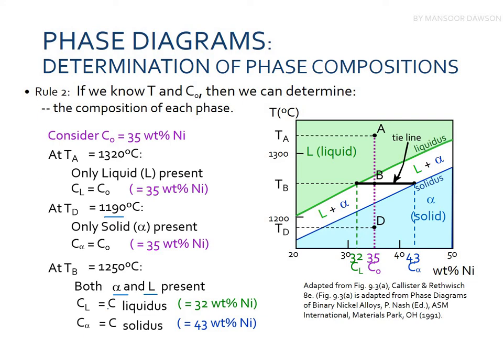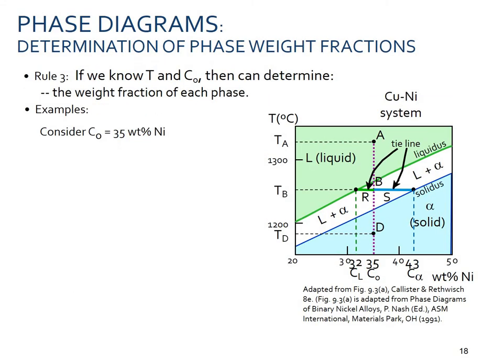So we can say that both alpha and the liquid are present. So composition of CL equals C liquid. The liquid is 32% nickel, drawing a perpendicular from the tie line, and from the solidus line we are drawing a perpendicular as well, which would be 43% nickel.